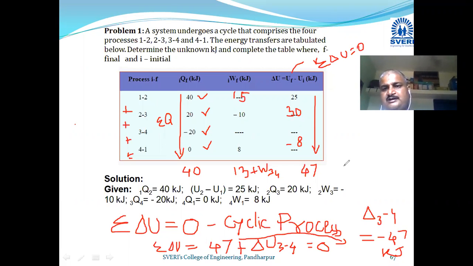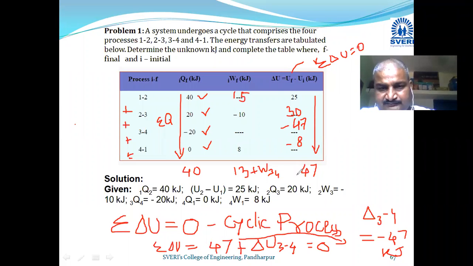And what is the first law of thermodynamics? Second statement: cyclic integral of the heat is equal to cyclic integral of work done. Cyclic Q is equal to cyclic W. Means delta U, जो टोटल सिस्टम में जो प्रोसेस हैं उन सारे डेल्टा यू के अगर आप सम लेंगे तो कितनी होगी? वो होगी 0. तो जब वो 0 होगी तो हमारी ये जो डेल्टा यू का वैल्यू है वो कितना होगा? माइनस 47.